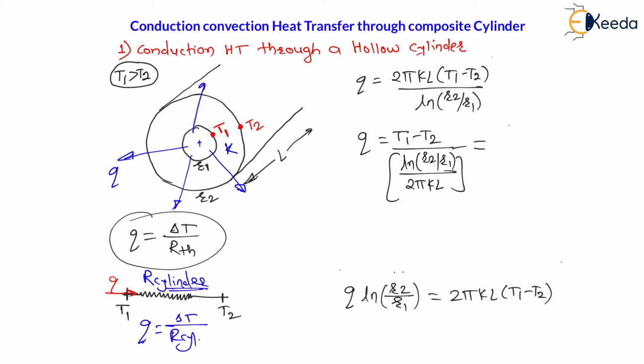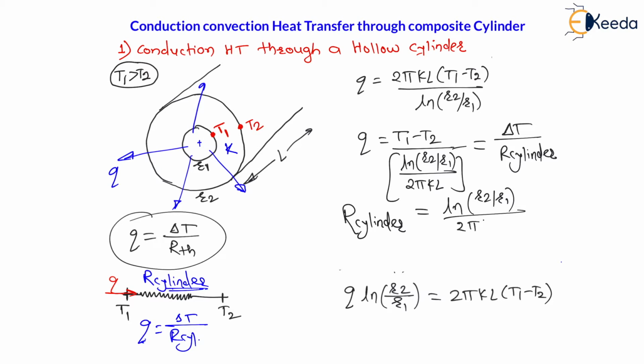And if I equate with del T divided by R of cylinder, the resistance offered by the cylinder for the conduction heat transfer will be equal to ln of R2 divided by R1 divided by 2 pi KL. And in this resistance formula, R2 is outside radius, R1 is inside radius of the cylinder, K is the thermal conductivity of cylinder surface, and L is the length of cylinder. This is how we can find it.